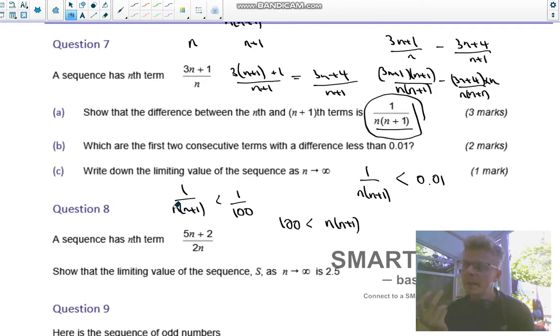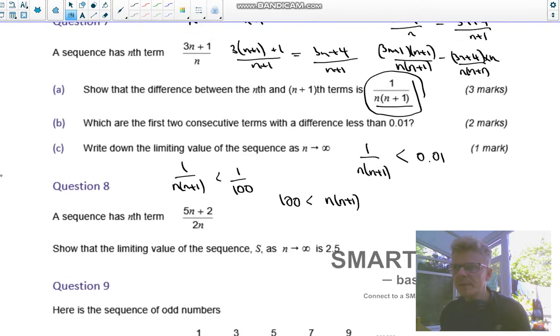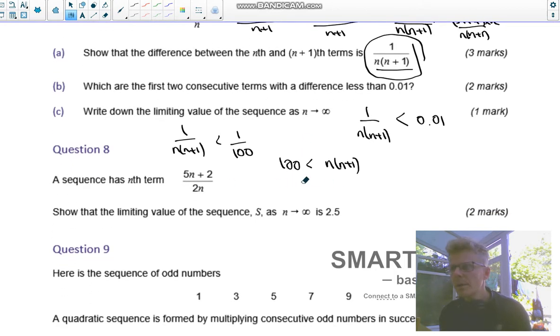But here we know that n is always a positive integer, so we're multiplying by positive numbers, so this would be true. There's no change of sign that would mess it up for us. So if we rearrange this, we get n squared plus n minus 100 has got to be greater than 0.